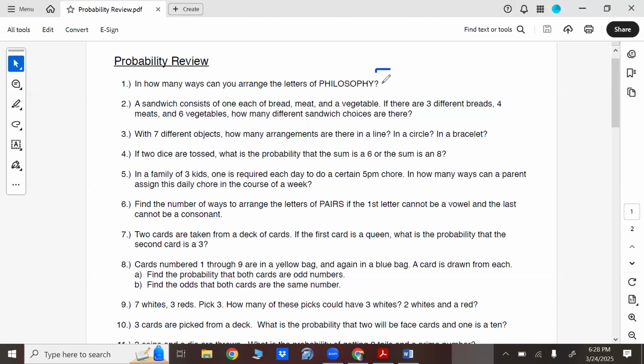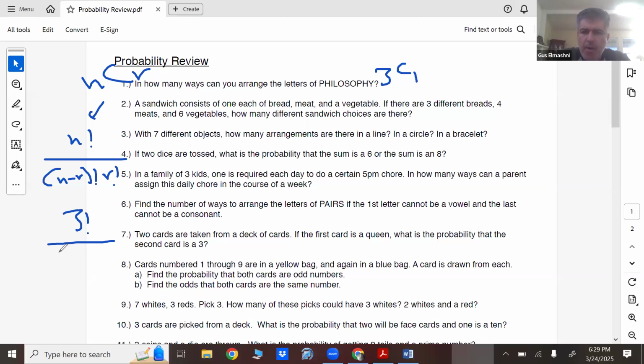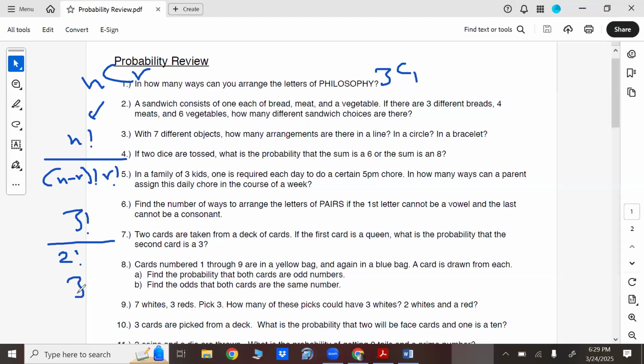You do a combination, you can do 3C1, because NCR, the formula looks like this. It's n factorial over n minus r factorial times r factorial. So in this case, it'll be 3 factorial over 3 minus 1, which is 2 factorial. So you just get 3 ways that could happen.